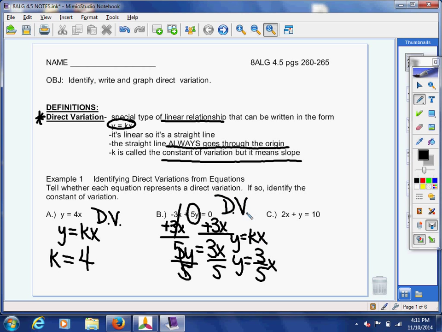It is a direct variation, even though it was originally in standard form. You could rearrange it so that you could see y equals kx very clearly. And so in this particular example, what would be the constant of variation? If you said 3/5, you're correct.